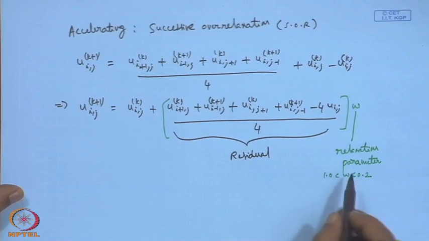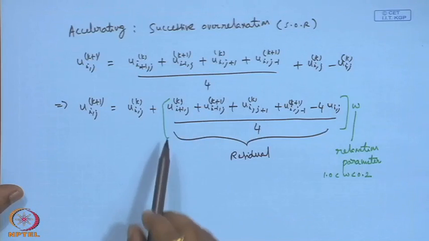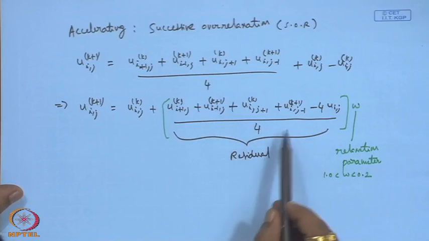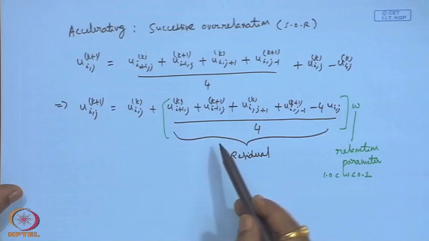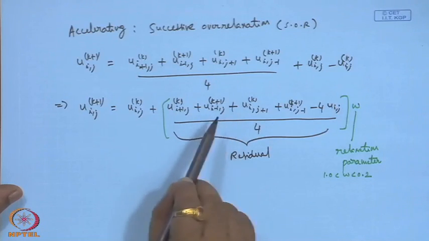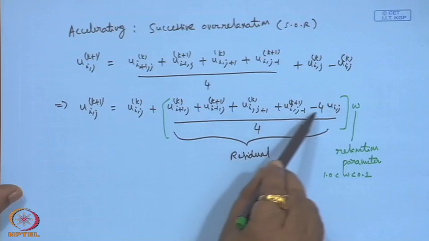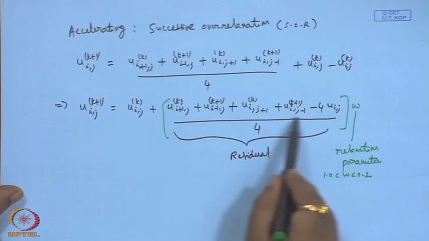In general for optimal convergence, it lies within this range. Okay. So, this is a little faster compared to other iterative methods. Okay. As you can see, the numerator goes to 0 as the method converges, okay, because this is nothing but the discretization of the Laplace equation.